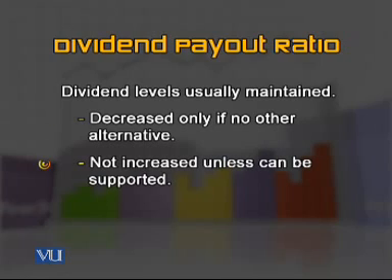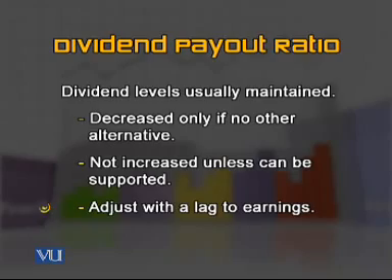They're not increased at all on the basis of the supported levels of income. They're adjusted with a lag to earnings. Dividends do not necessarily have to be completely in line with earnings. These are two different things. Earning per share is very different from a dividend per share.